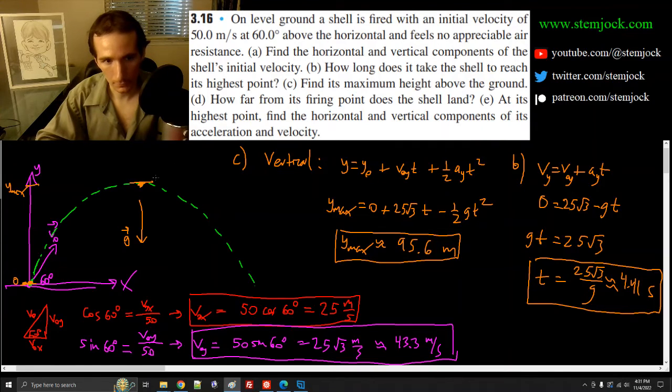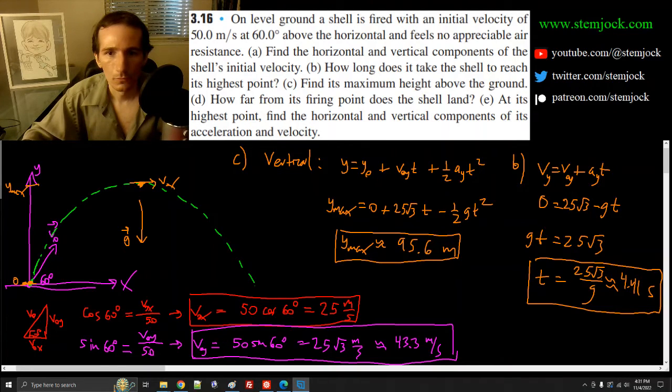The velocity is purely horizontal, and it's v0x at this point here. The horizontal component of the velocity everywhere is v0x actually, because there's no acceleration in the x direction. Air resistance is neglected. Right, so those are the components of the velocity.